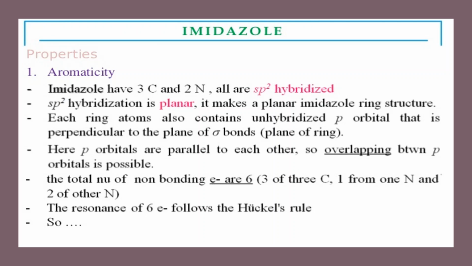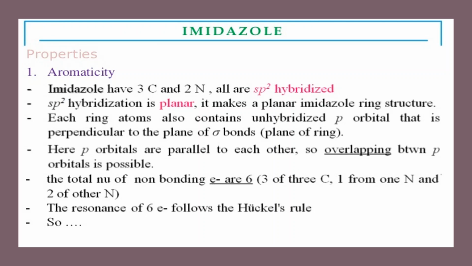The first criterion is fulfilled: they are sp2 hybridized. Second, sp2 hybrids are planar in nature. This makes the imidazole ring planar. Next, each ring atom contains an unhybridized p orbital that is perpendicular to the plane of the sigma bonds.